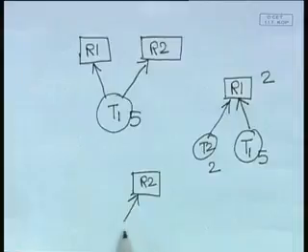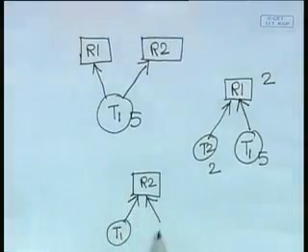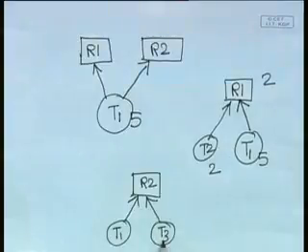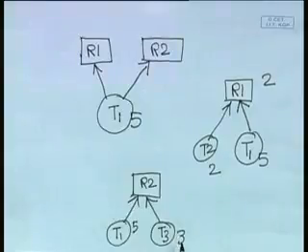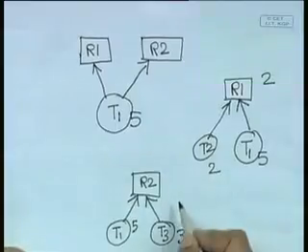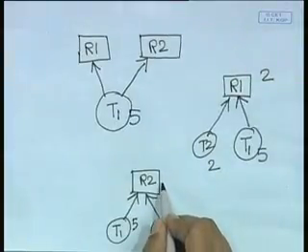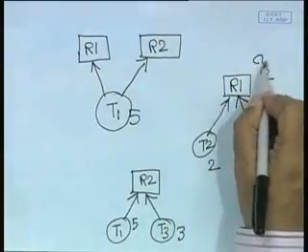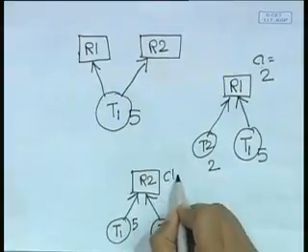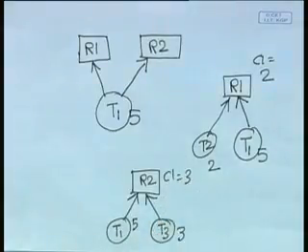Now, R2 let us say is being used by T1 and also T3. T1's priority is 5 and T3's priority is let us say 3, or maybe you can consider 8 or something. So, R2's ceiling priority, so C1 is 2 and here C2 is equal to 3, right.